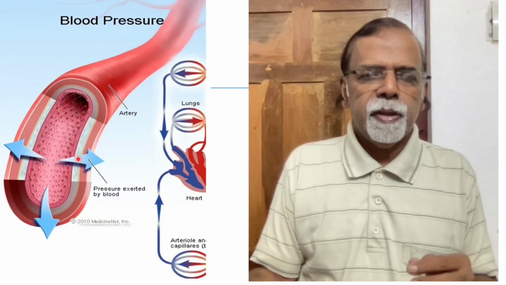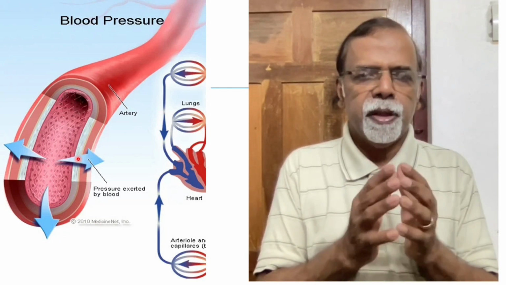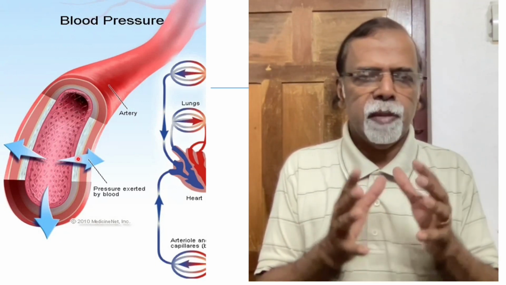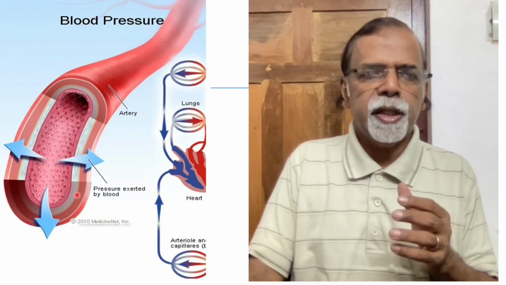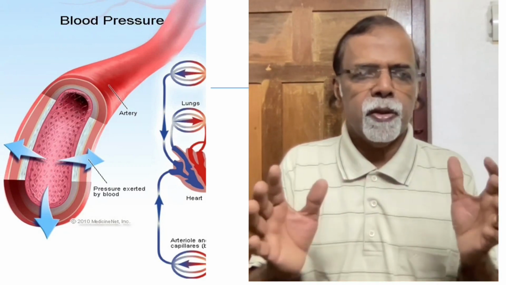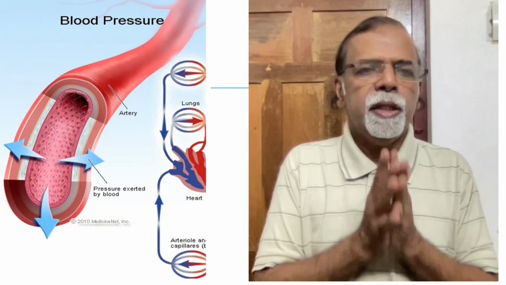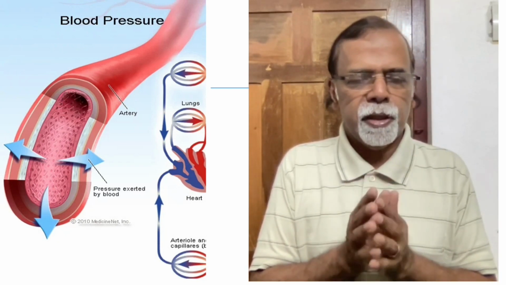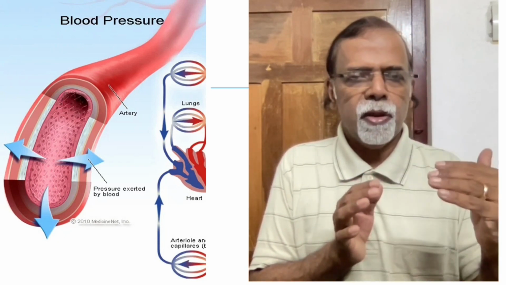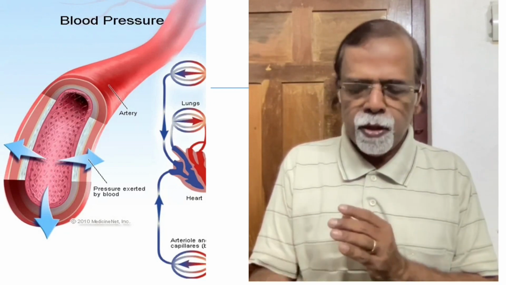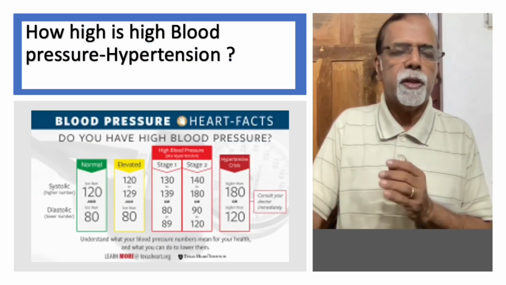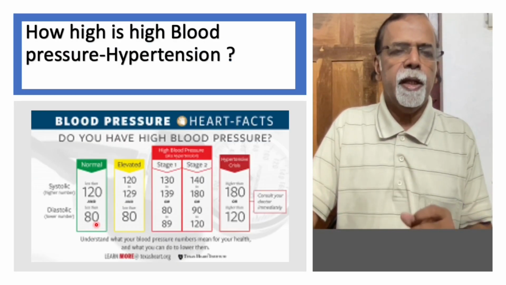And the time the heart is resting or dilating is called diastole. The pressure on the wall of the artery at the time of diastole, when the heart is relaxing, is called the diastolic BP. So BP is mentioned as two values. One is systolic, the other is diastolic. So what is the normal value? Normal value is 120/80. That means 120 is systolic and 80 is diastolic.